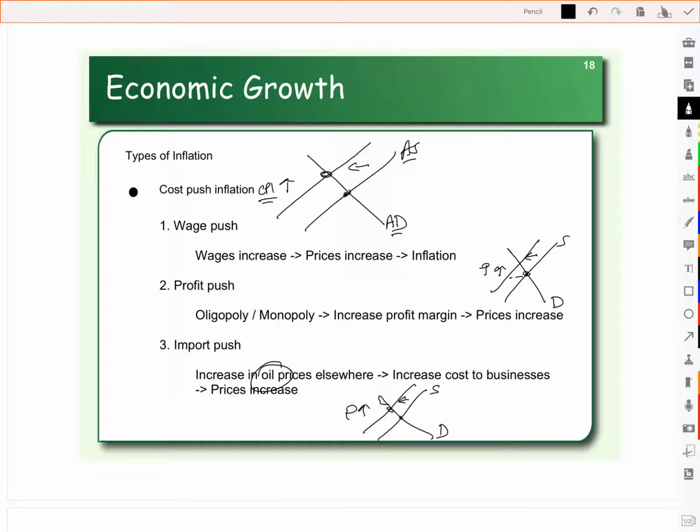And oil is used in so many of the things that we use, and so it can cause nationwide price increases or cause inflation. So we get inflation because of an increase in demand, so demand is pulling up the prices, or we get inflation from a cost push, decreasing supply and driving up the prices.